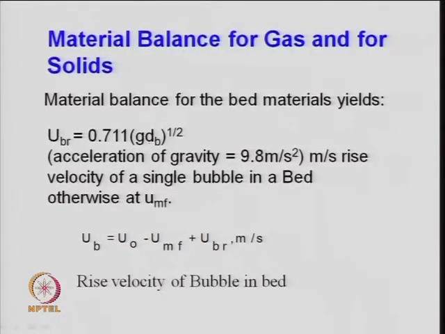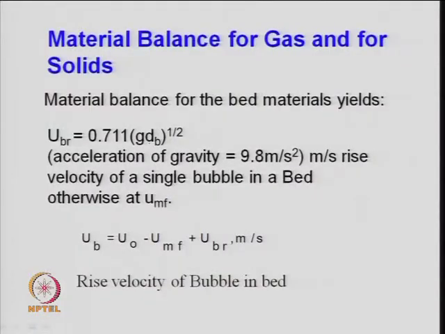So, I am not going into detail of the rest of the things, because this is simply a material balance, and one can write the buoyant force, viscous force, drag force, all of which are read in your particle mechanics or fluid mechanics. So, what I mean to say is that your bubble rise velocity is a function of the diameter of the bubble. So, one can correlate it, can find out at what velocity the bubble is rising, and the bubble velocity is related to your u0.